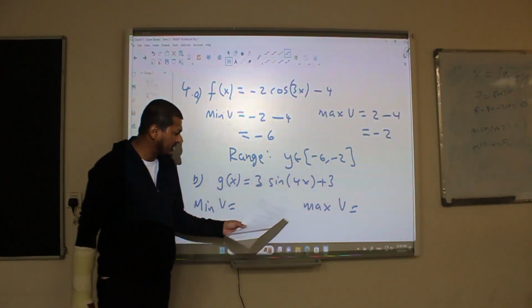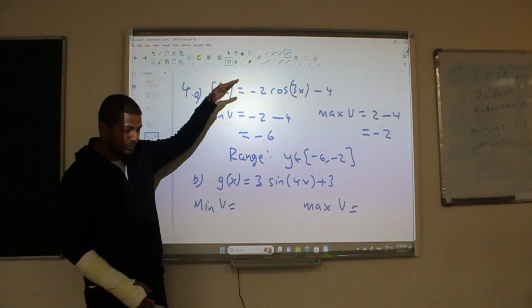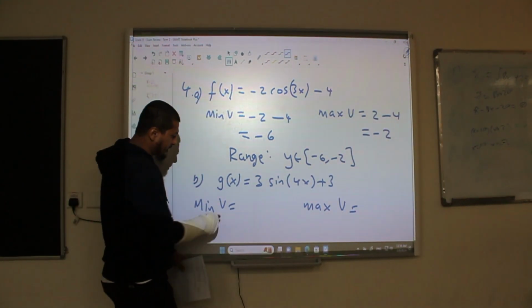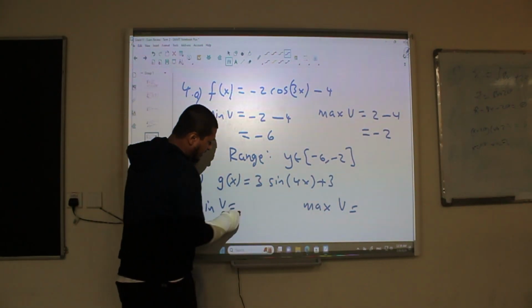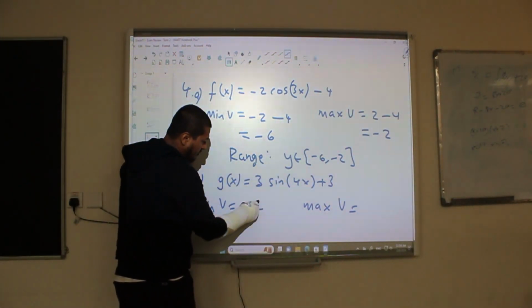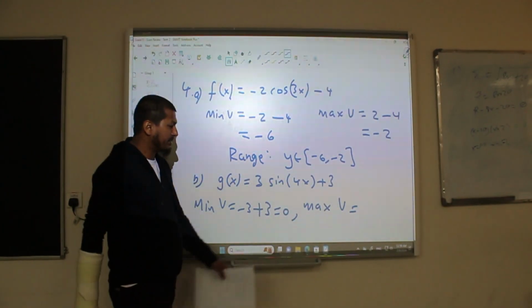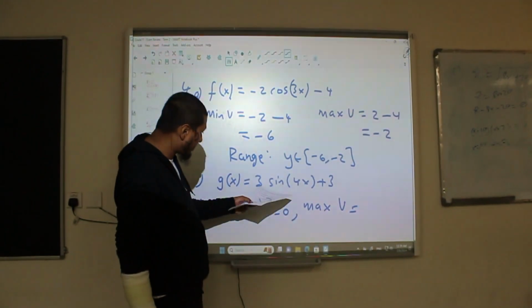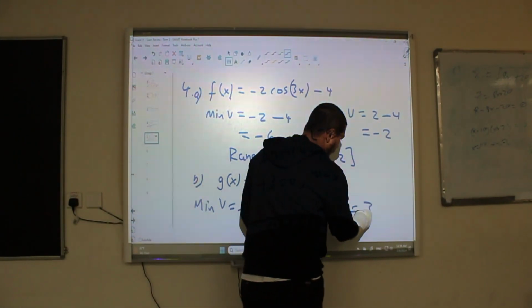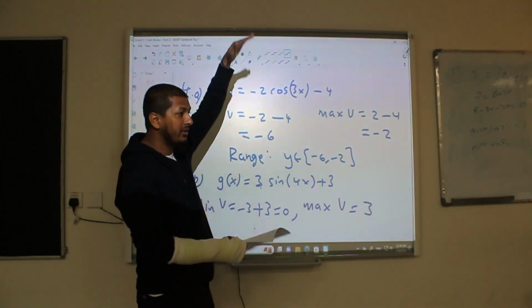The minimum value here will be, obviously, the graph is being transformed 3 units upwards. So the minimum value we know from this 3 will be -3, and because we are transforming 3 units upwards it will be +3, which is 0. Minimum value is 0. And the maximum value is 3 because the amplitude is 3, so you're going 3 up and 3 down.